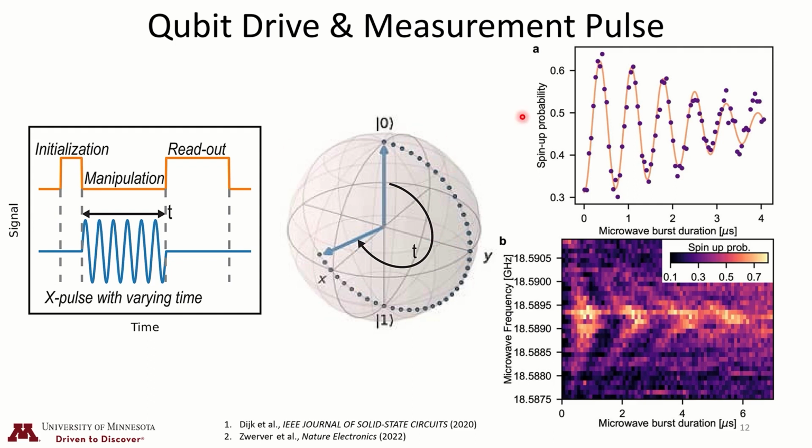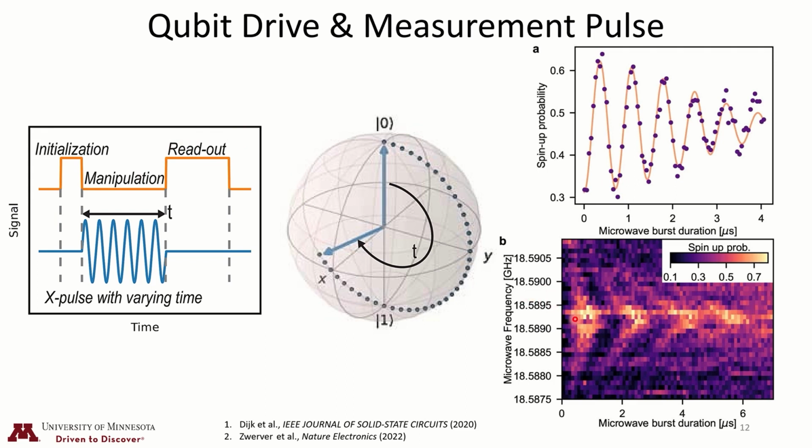This is just a basic example of a qubit. This is again the mathematical representation of the qubit, what the qubit looks like on a Bloch sphere. And what's happening is you have an initialization, and the manipulation is coming from the actual pulse. So this pulse is being applied to the qubit, and then the qubit will respond by sending a signal back to the control hardware, and that signal will give you a readout, and then you can plot it on a graph like this one, for example.